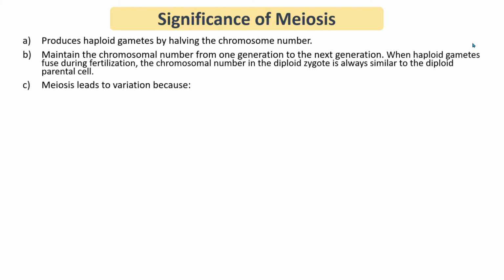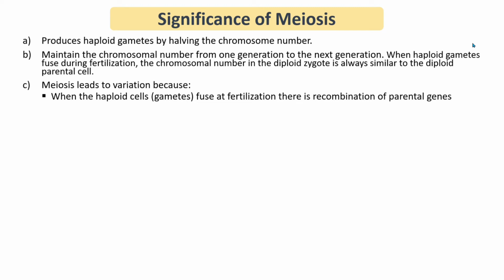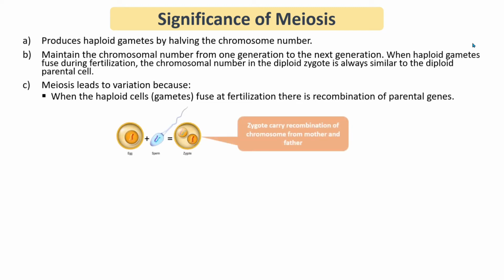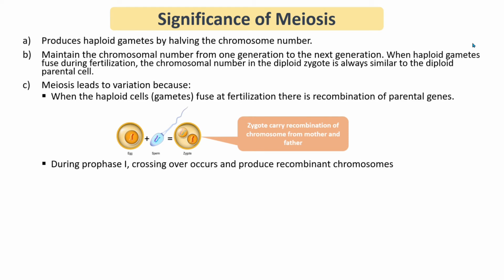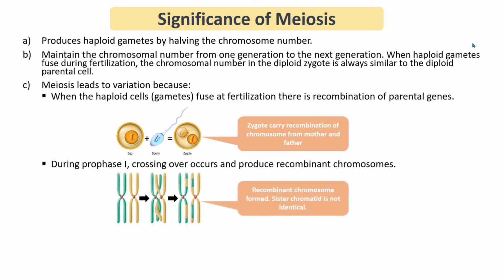Meiosis can lead to variation. Because, first, when the haploid cells or gametes fuse at fertilization, there is recombination of parental genes. Second, during prophase I, crossing over occurs and produces recombinant chromosomes, where the sister chromatids are not identical.